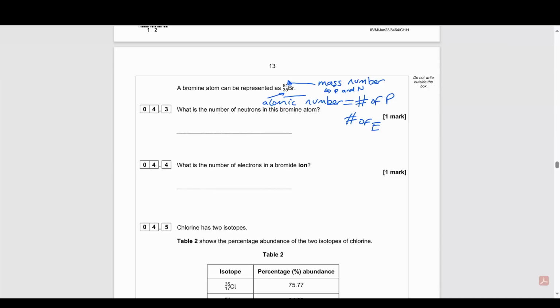So for us to find the number of neutrons, it would just mean cancelling out the number of protons that this atom of bromine has. So we'd need to do 81 minus 35 to find out the number of neutrons. So 81 minus 35 will give us an answer of 46.